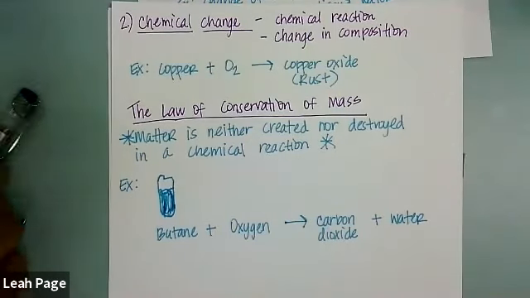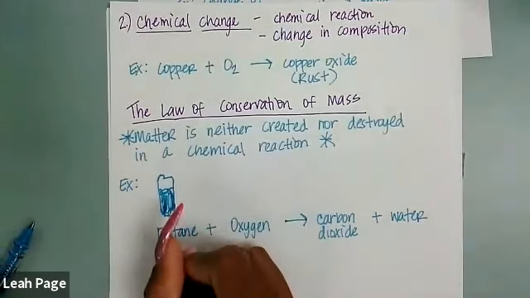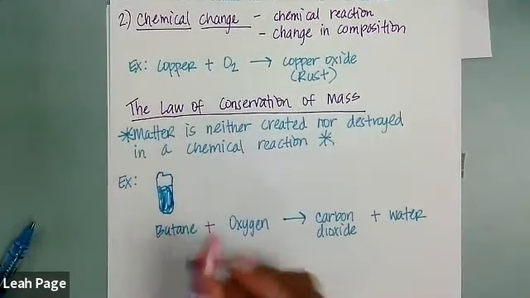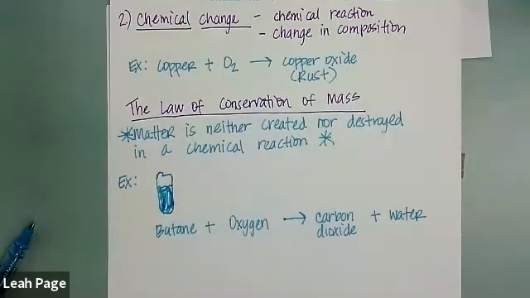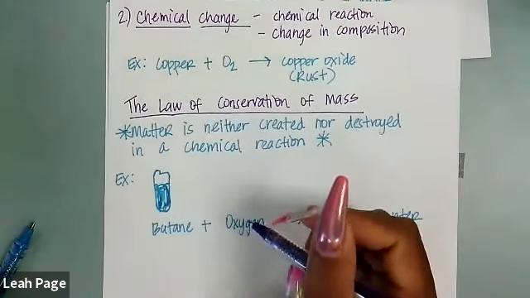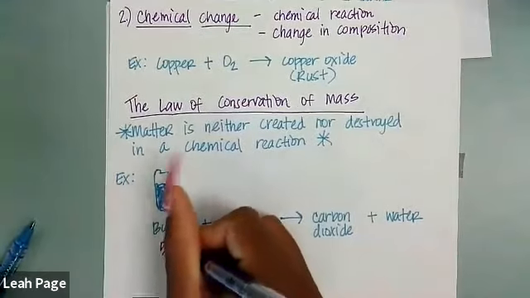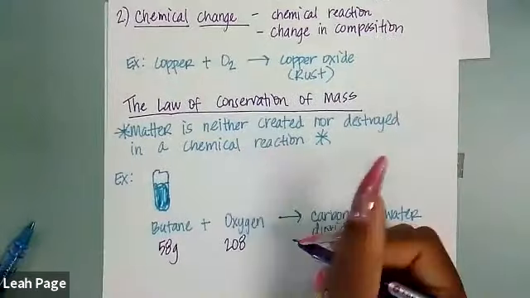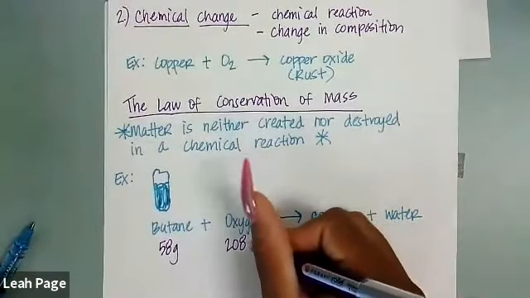But what's really happening is, let's say we start off with about 58 grams of the butane, if we were able to measure it. It reacts with the oxygen, about 208 grams.